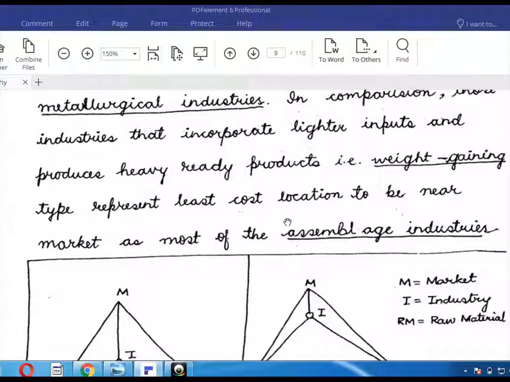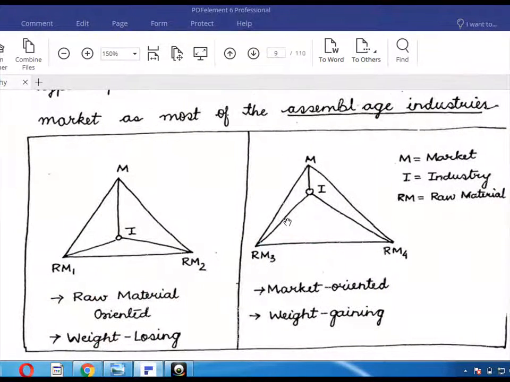So here you can see M, RM1, RM2, I. Here raw material oriented, RM1 and W, is the weight losing type. Here RM3, RM4, RM1, RM2, M, I. Here it is the center, and here it is the center market area.